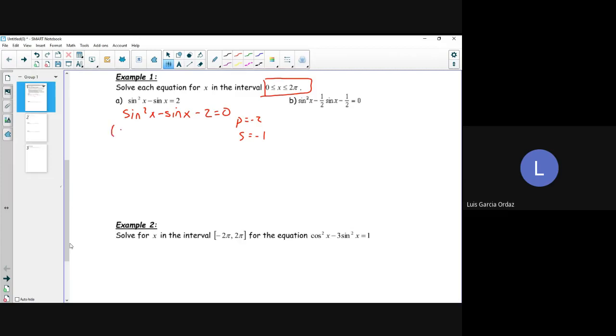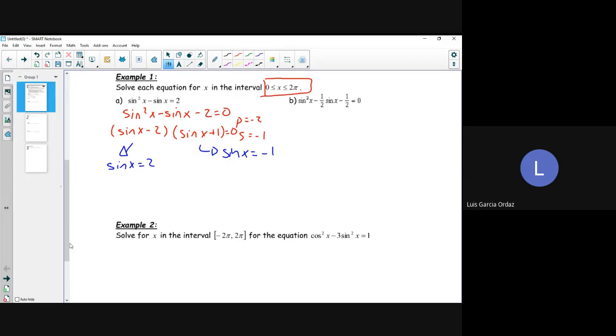So we get (sine x minus 2)(sine x plus 1) equals 0. This means our two roots are sine x equals 2 and sine x equals -1.